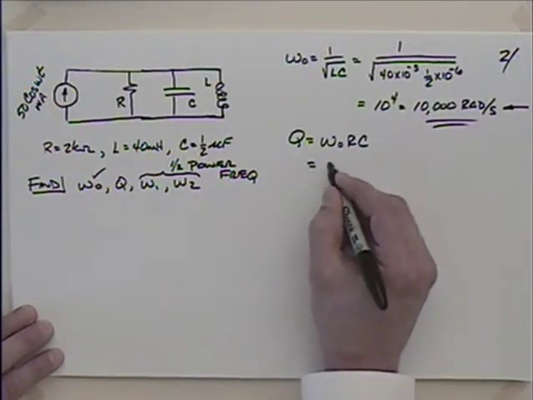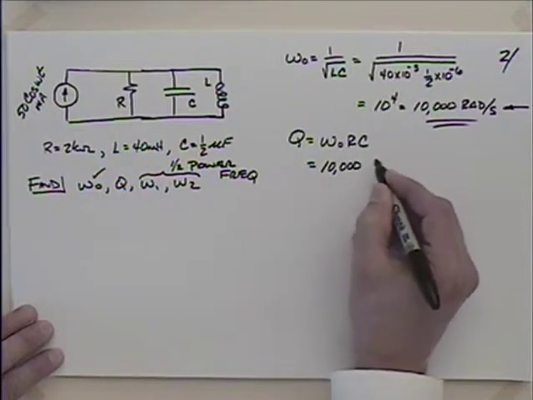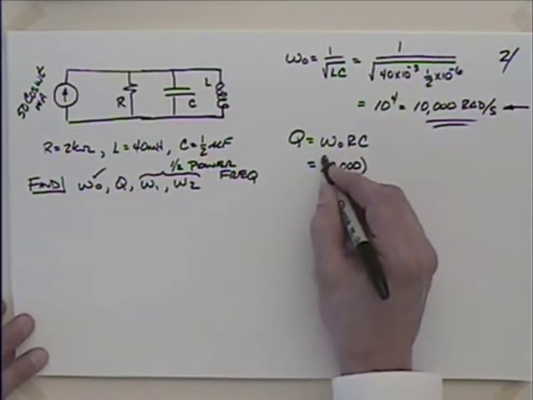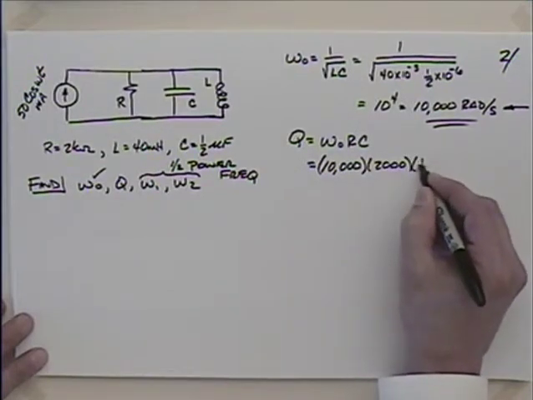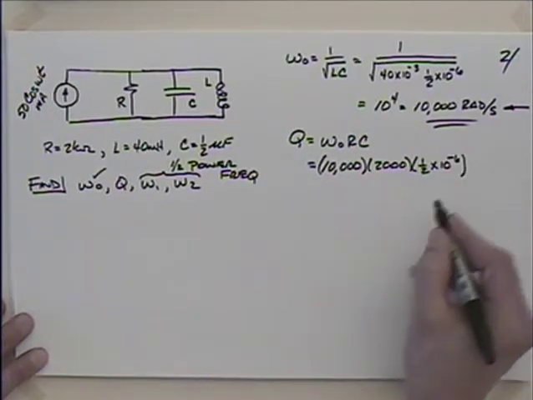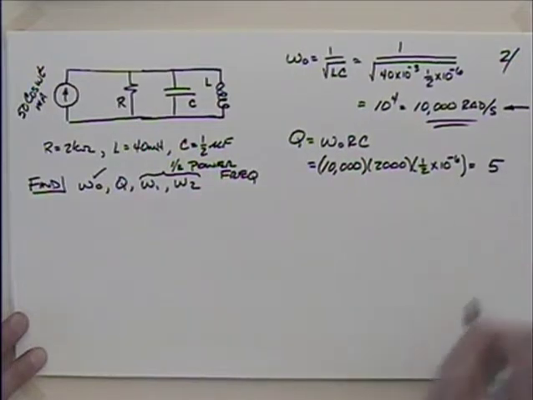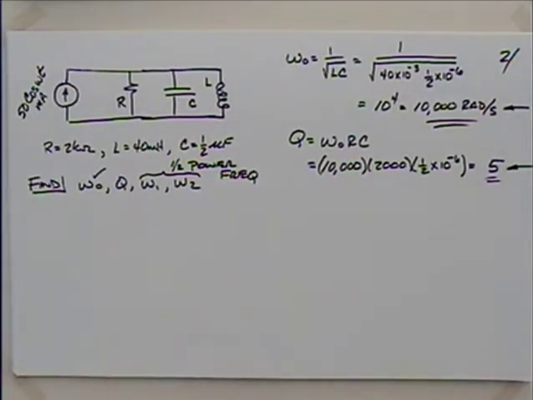So we just found omega naught, 10,000 radians per second. And then R is 2,000 base units again, and C is a half times 10 to the minus 6, a half microfarad. So this turns out to be equal to 5. There's no units on that. It's a unitless quantity. So that's a quality of 5.